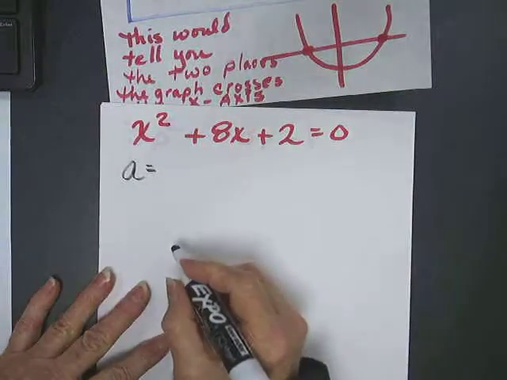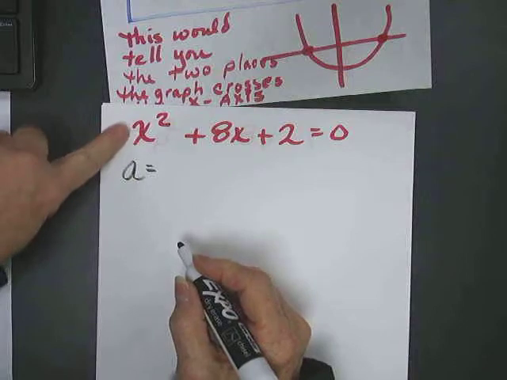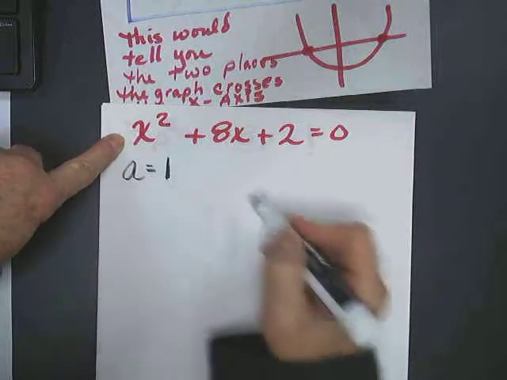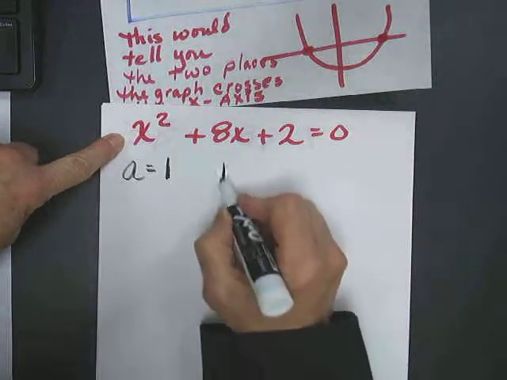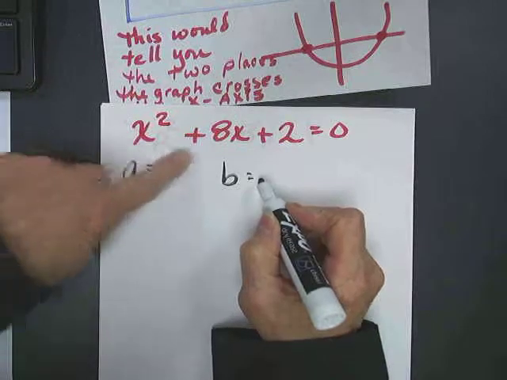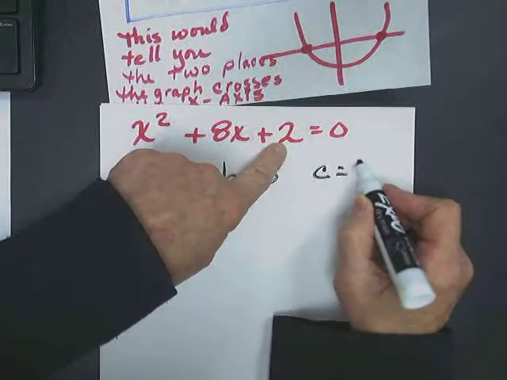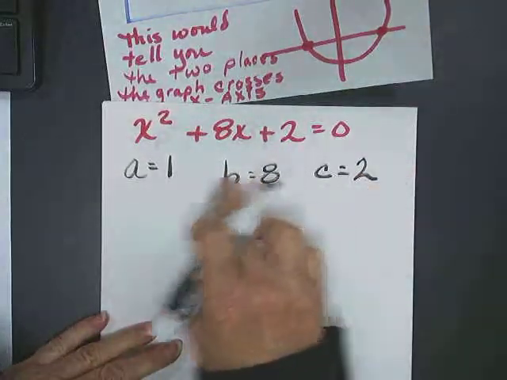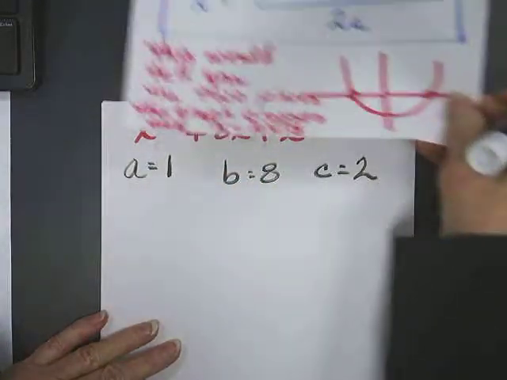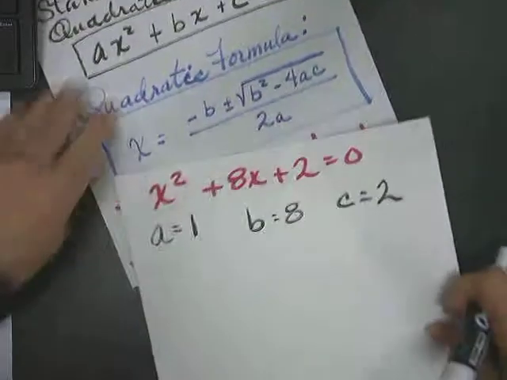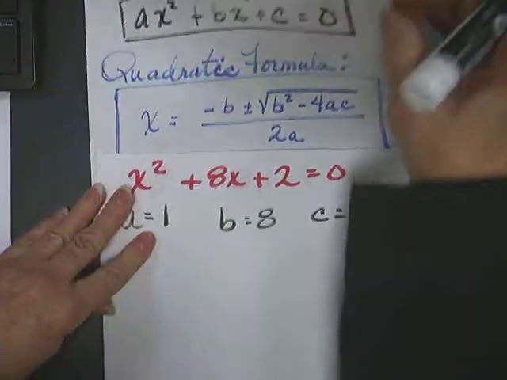What is the a? 1x. The coefficient of this, 1. What is the b? And what is the c? 2. Now you're going to plug those into your quadratic formula.